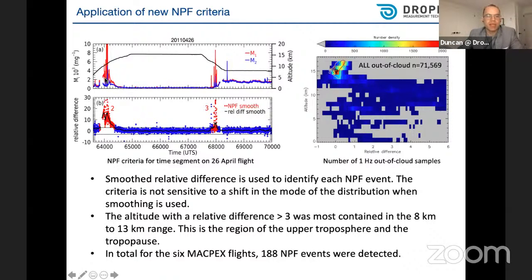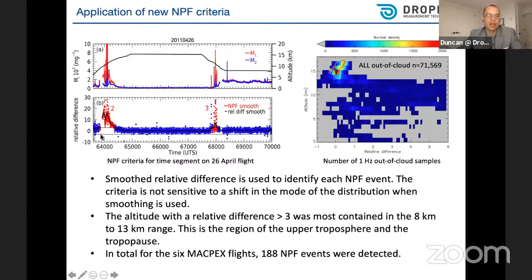So by taking the difference of these two and then doing this relative difference calculation, which I derived to be the method to identify these newly formed particles, you get an excursion in this relative difference. And when this excursion is greater than 3, then it means that that difference is statistically significant.